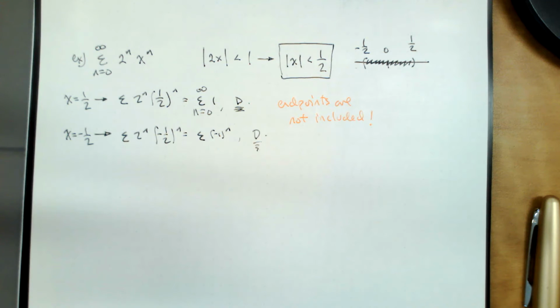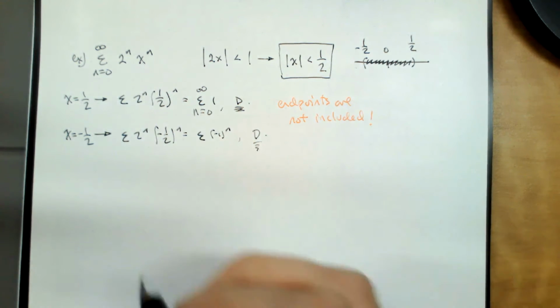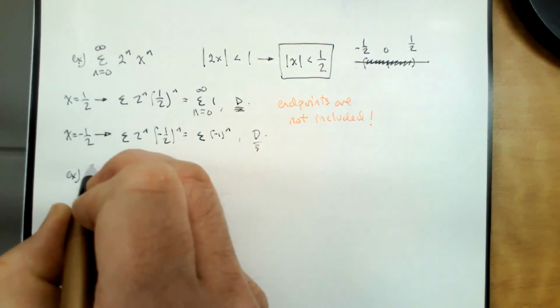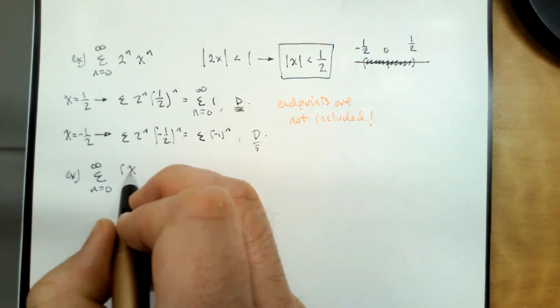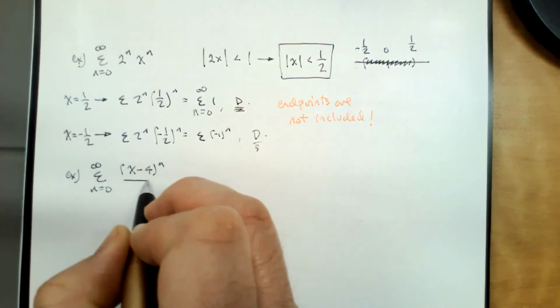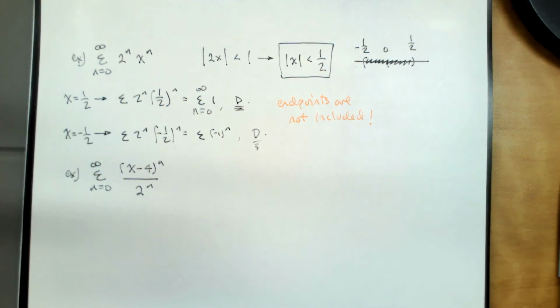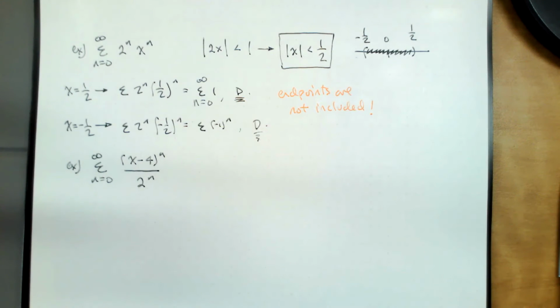What we want to be able to do is read a center and a radius from the exponential stuff. All we have is exponential stuff here, exponential stuff in n.